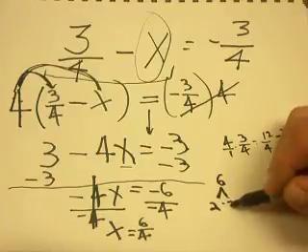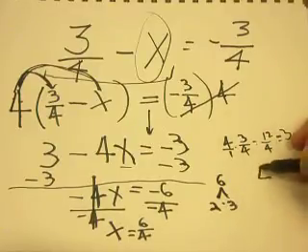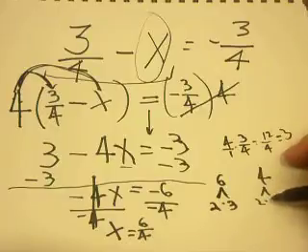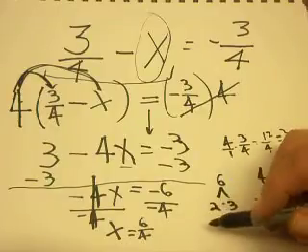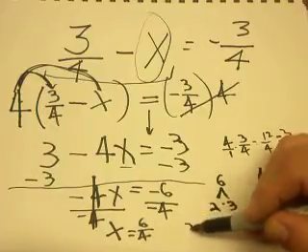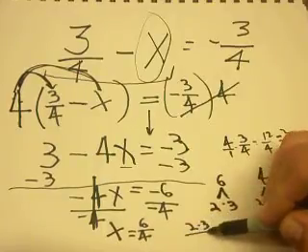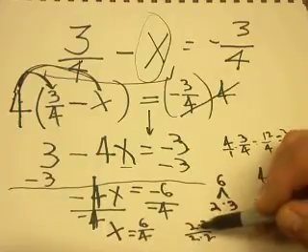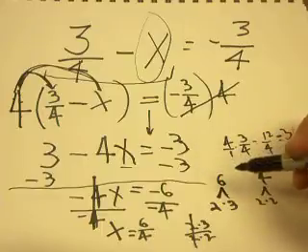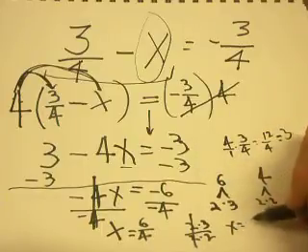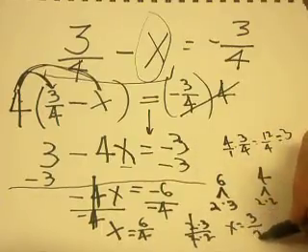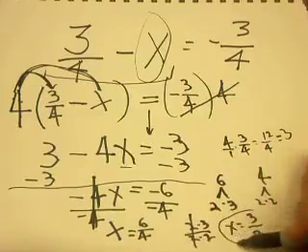So 2 times 3 is 6, and my 4, smallest prime number is 2. 2 times 2. So my 6 actually becomes 2 times 3, and my 4 becomes 2 times 2. Well, 2 over 2 is 1, so my x is equal to 3/2. So that looks like a solution.